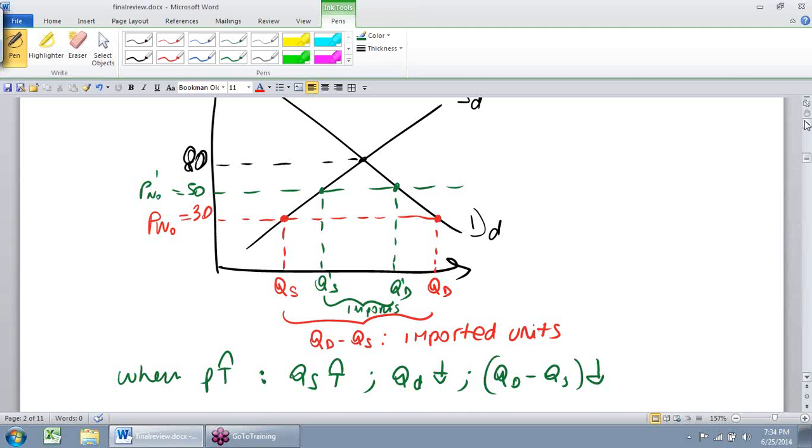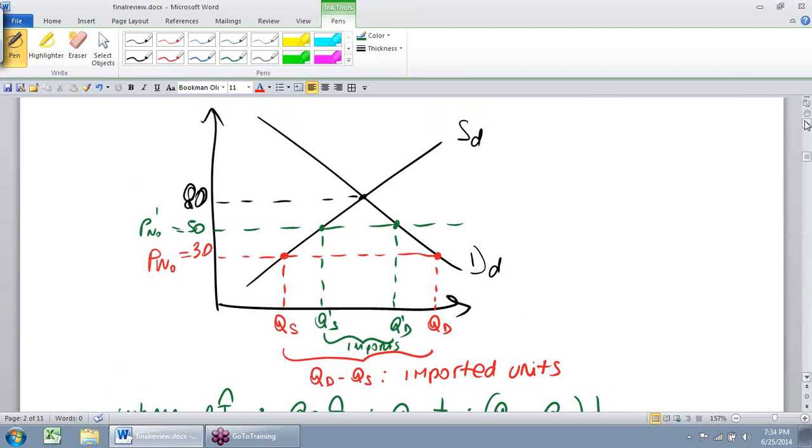Okay? So let's compare the consumer surplus before and after the price increase. You know that whenever you have an increase in price, you also have a decrease in buyer's surplus. Remember that the consumer surplus is below the demand curve and above the market price. So the initial consumer surplus was this triangle.